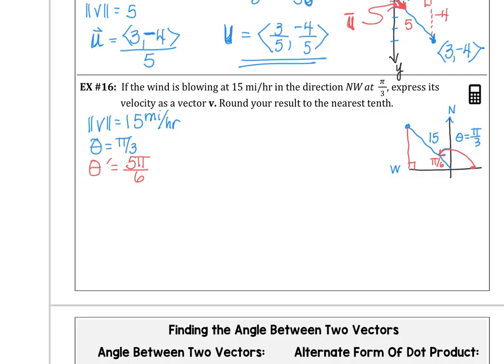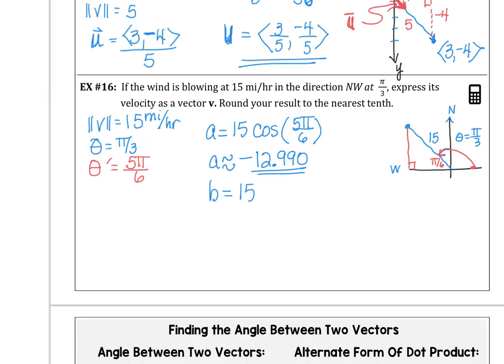Now, we were told we could find the components. This is where you need the calculator. The a component is the magnitude times the cosine of our theta prime angle, 5 pi over 6. So help me with your calculator. I'm getting negative 12.990. And then our b component is the magnitude times the sine of our theta prime angle.